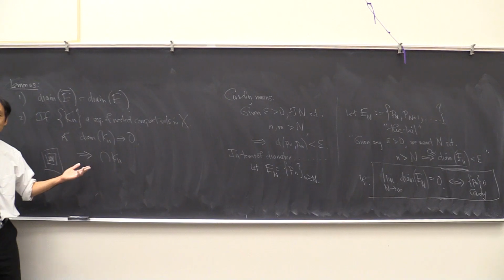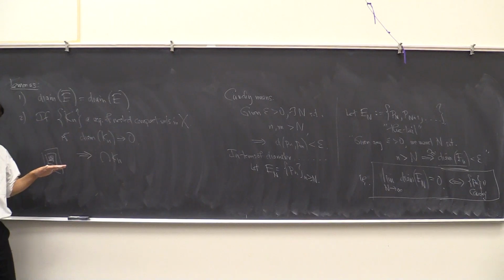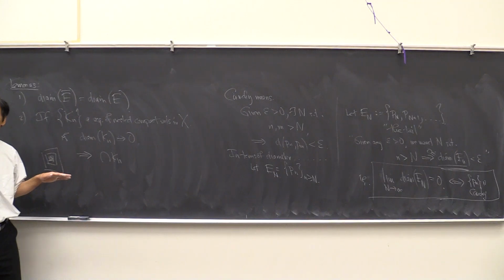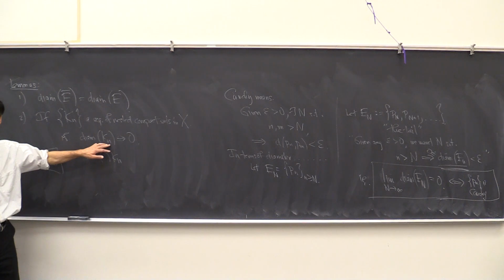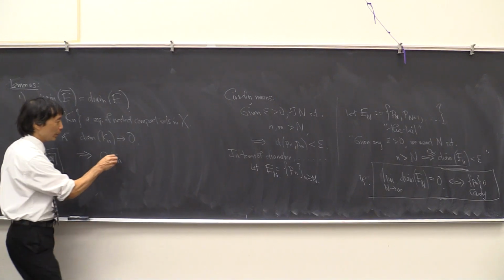You take the intersection of all of them, and is that the empty set? You're close. It's not the empty set. The diameters go to 0, so there is no smallest one, not necessarily, at least. Yeah, Rishi. It's just a singleton? It'll be a singleton. It will be a single point.